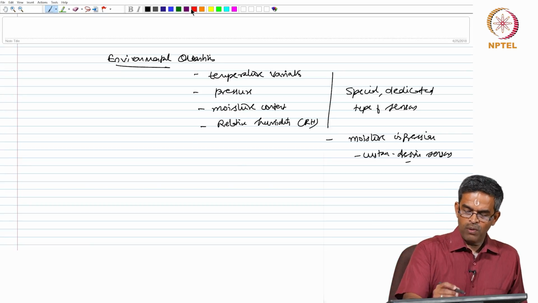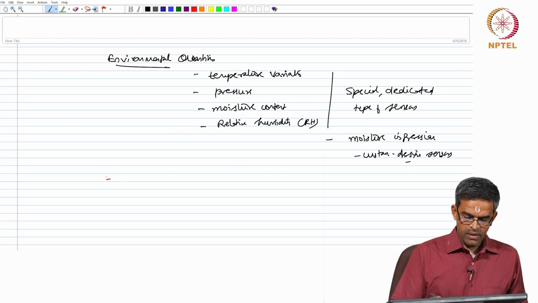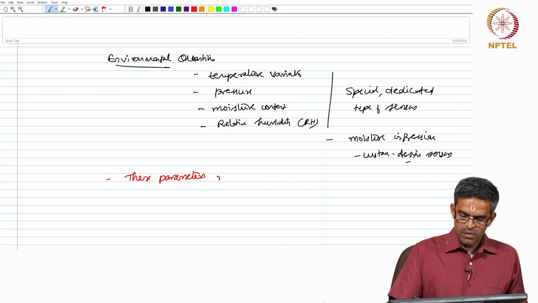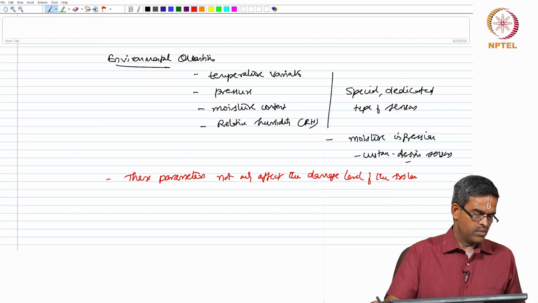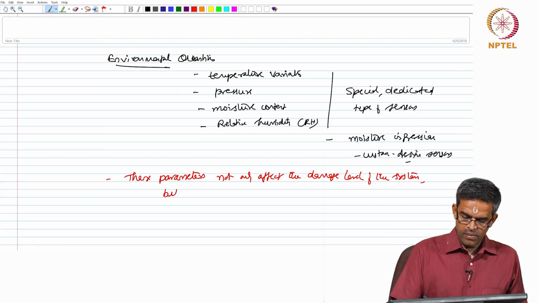But a very important statement: these parameters not only affect the damage level of the system, but will also have impact on the operation of the sensors.